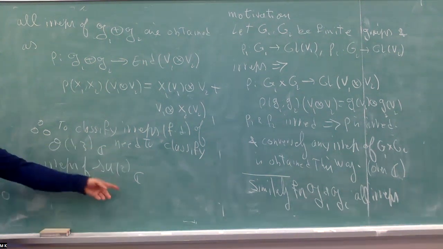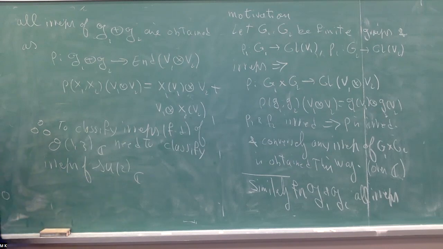Because this guy is a direct sum of these two things, so we have to understand these irreps. Right?